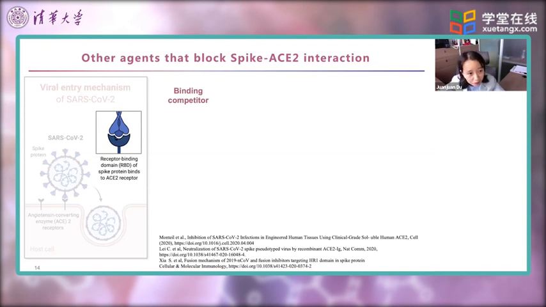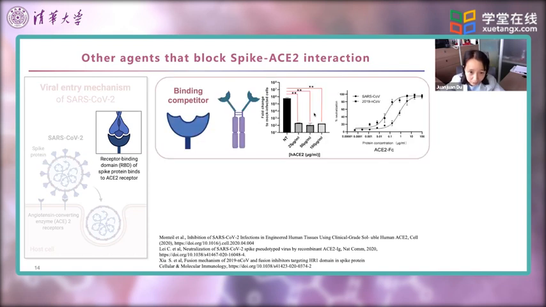So we can also use a fragment of the ACE2 receptor to compete with the S protein. These are called binding competitors. There are also some studies showing that the ACE2 receptor and other drugs derived from it can block the virus infection.